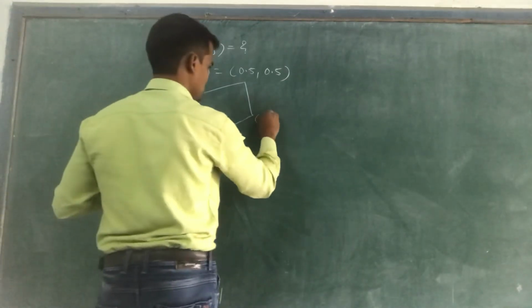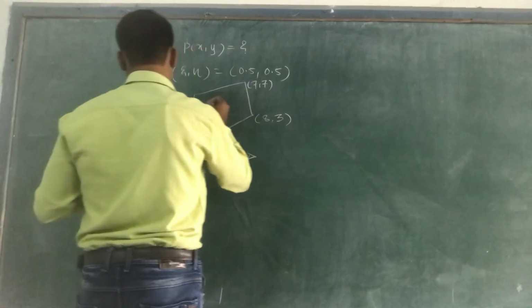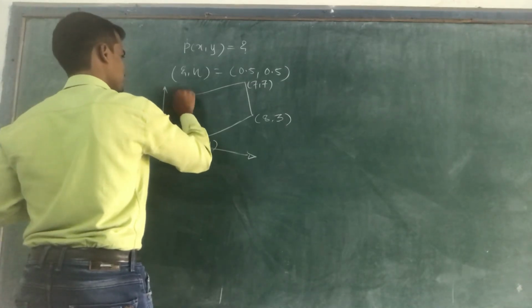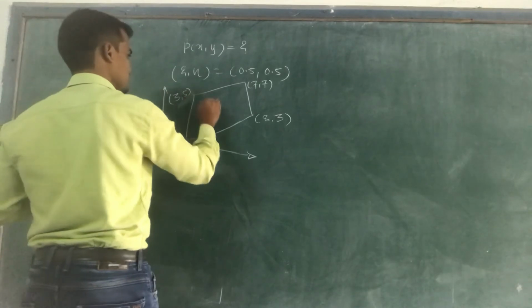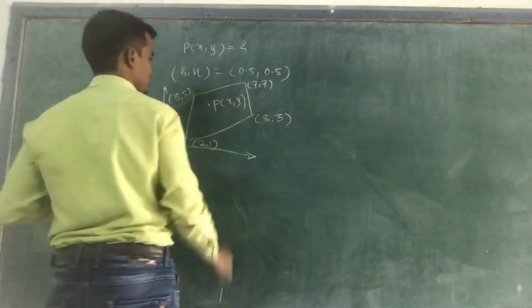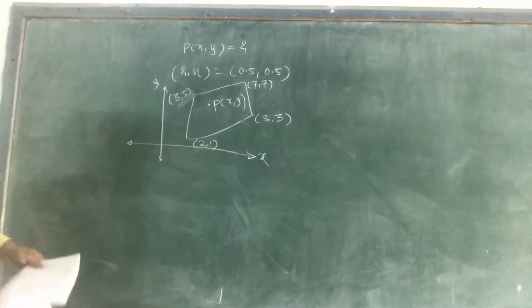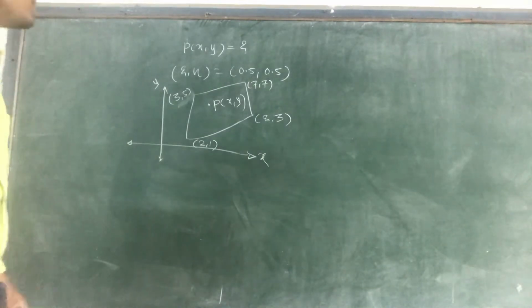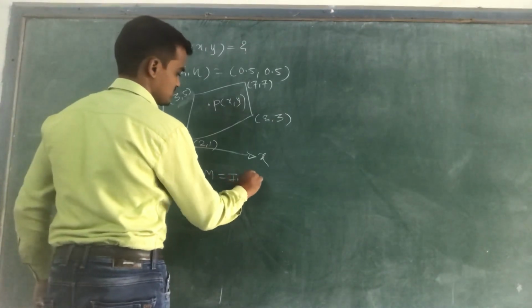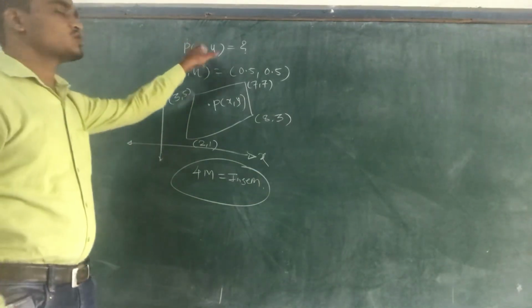The node coordinates are 2, 1; 8, 3; 7, 7; 3, 5. And determine this point P (x, y). Okay, so this is your homework. Try to solve this example. This example was asked for 4 marks in your in-semester examination. Try to find out the point P (x, y).